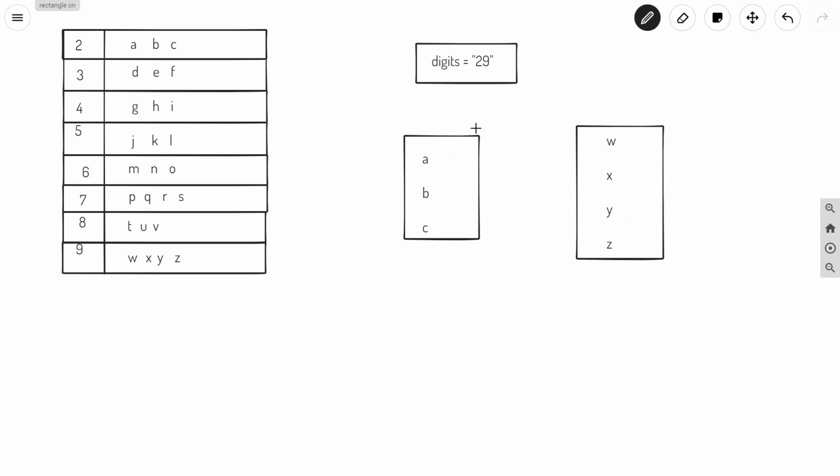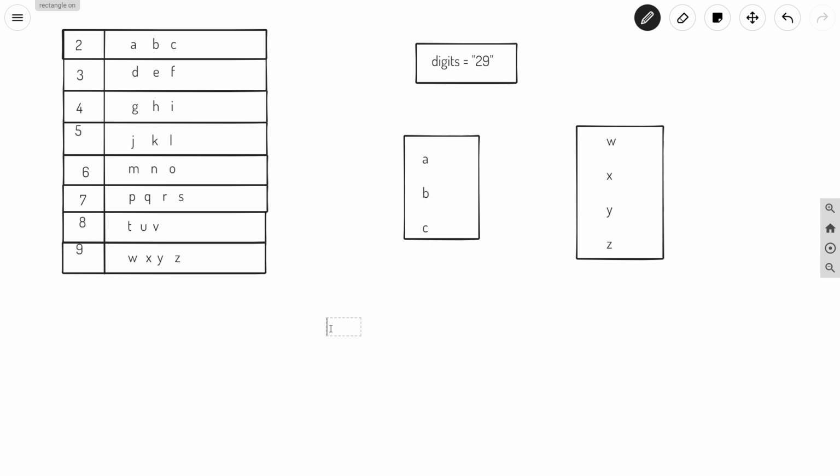There are 3 characters in the set for 2, and 4 characters in the set of 9. So we can have a total of 12 combinations of strings. Let us find out all those combinations.